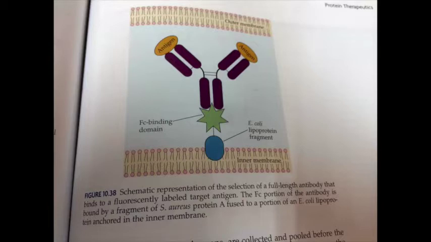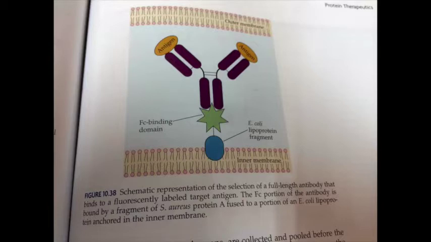And so the E. coli host has now a protein, and I've shown this protein, and this is purely cartoon-like. It has a protein that is going to bind and be localized in the inner membrane. That protein is from the E. coli lipoprotein. It's just a portion of it, but that fragment localizes only in the inner membrane.